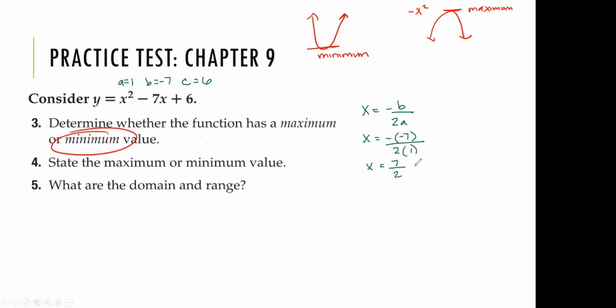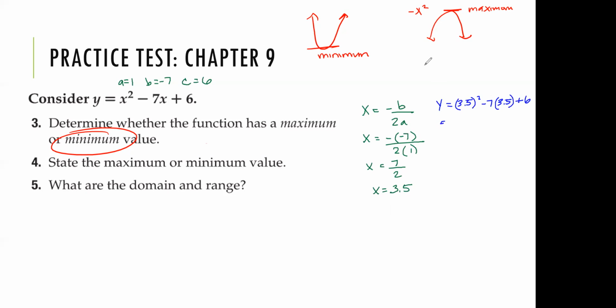So x is equal to 7 over 2, or that's 3.5 as a decimal, okay? So then I plug that in for x into my equation. So I've got y equals, instead of x, I put 3.5 squared minus 7 times 3.5 plus 6.